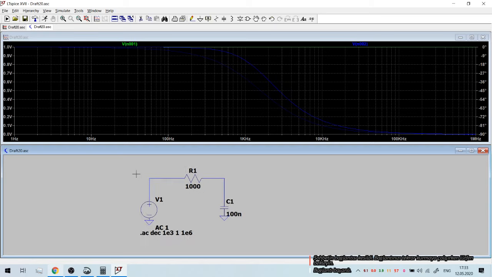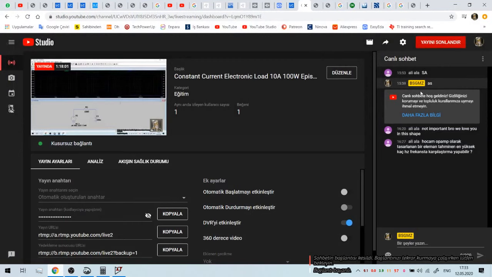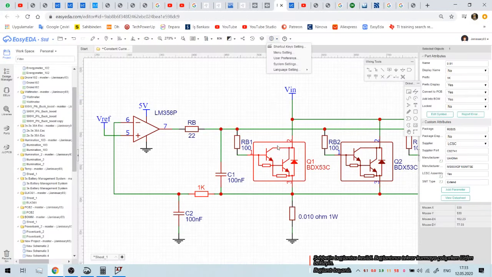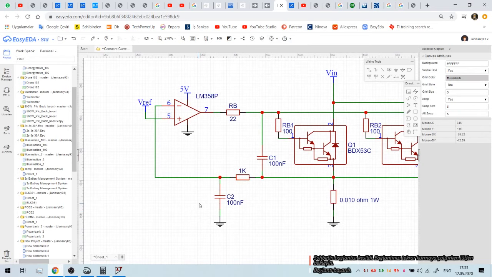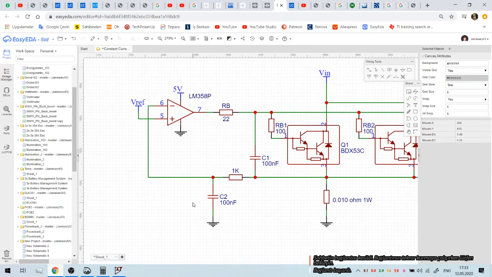Okay, so what we can do, I want to use some filter here, a basic RC filter, and I think 1K plus 100 nanofarad can give us very nice smooth current measurement, I think.